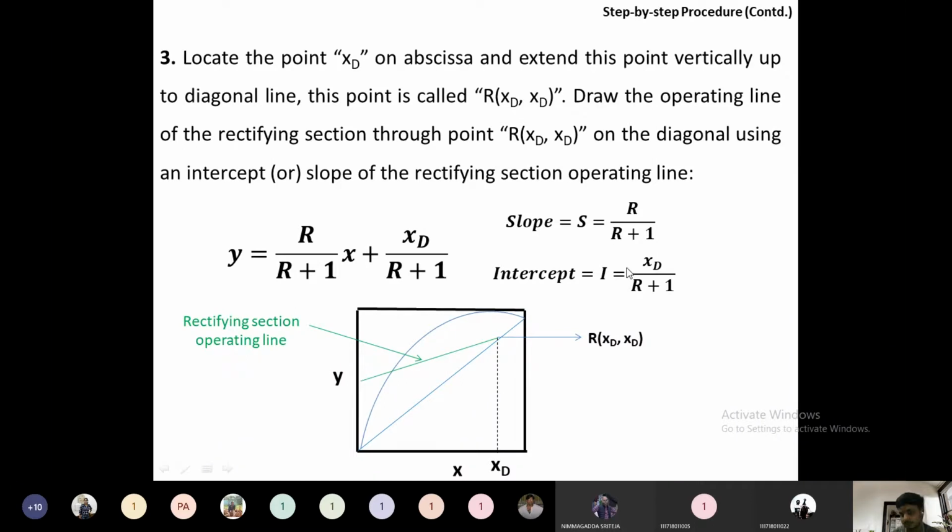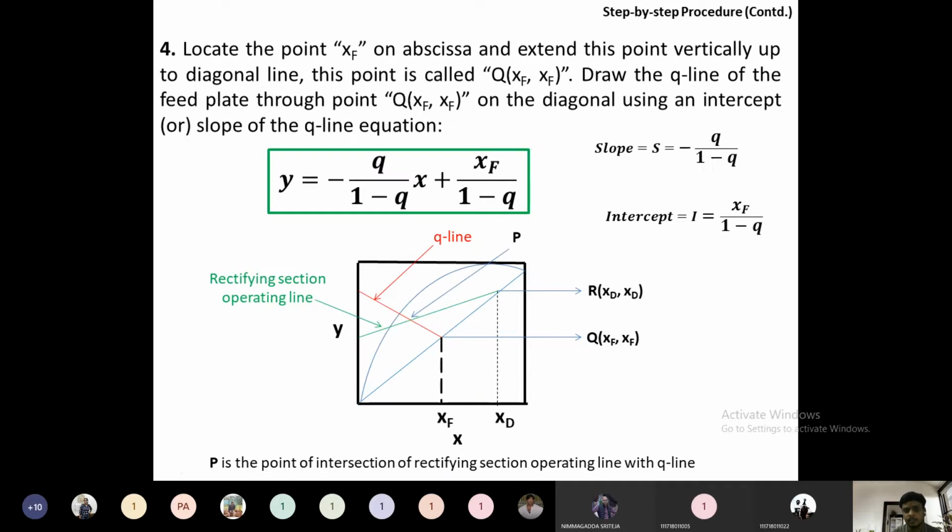Otherwise, you can use the intercept, xD/(R+1). Wherever that intercept point is lying, that point and the point (xD, xD) are connected by a straight line. This line is now called the rectifying section operating line, or enriching section operating line.